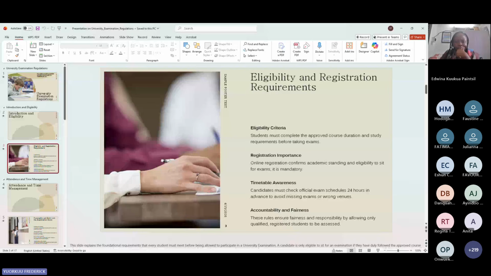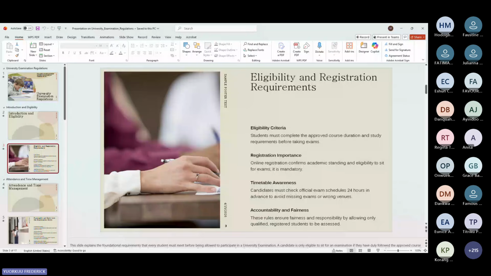And the university says that for you to qualify to write an examination, you need to attend lectures for at least 75% of the total number of lecture hours that the department or that particular class have had.